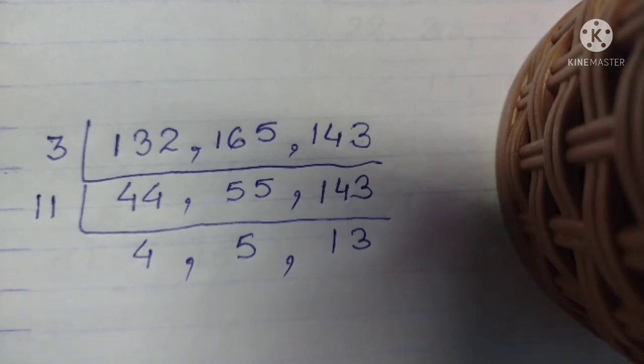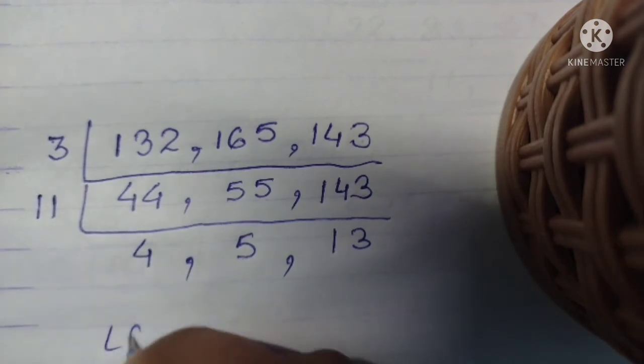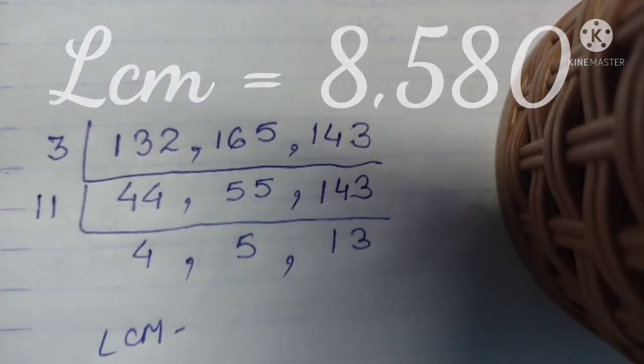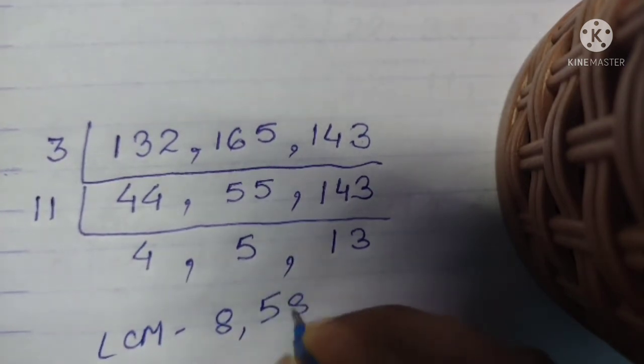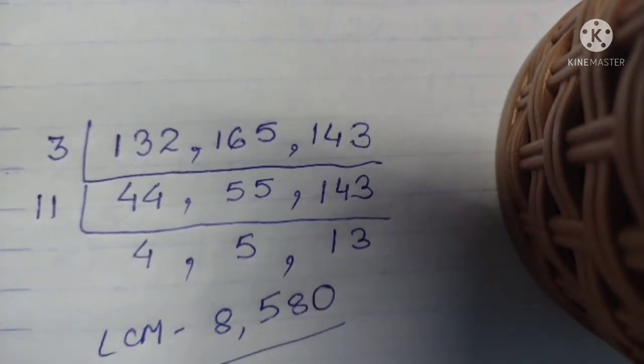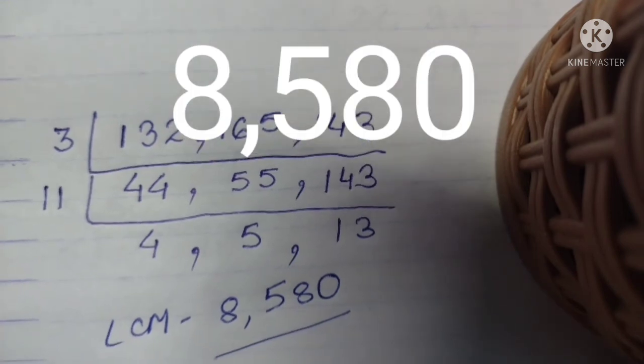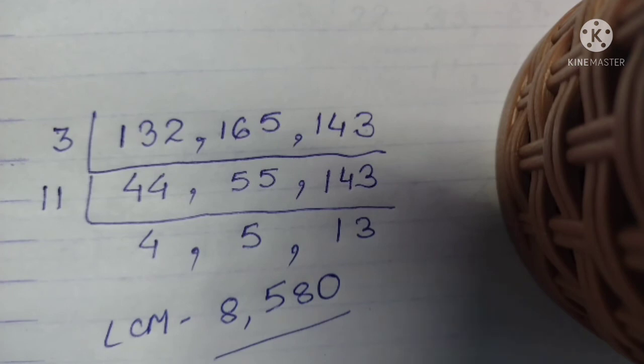That means 8580. So the LCM of these three numbers will be 8580. Again you can see the answer. It is being displayed on your screen in white color.